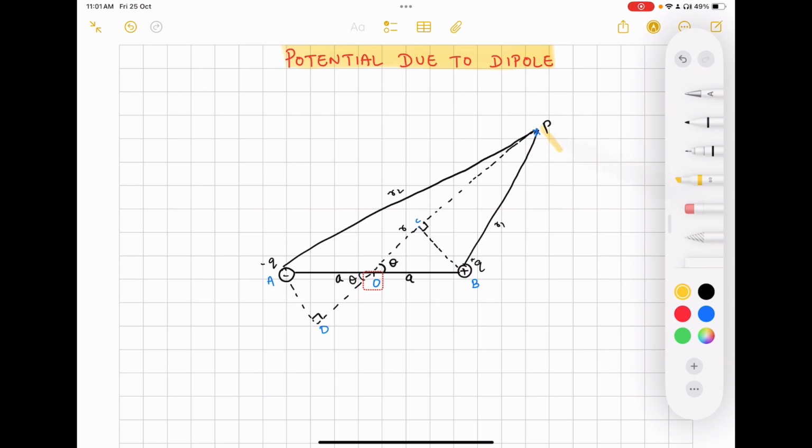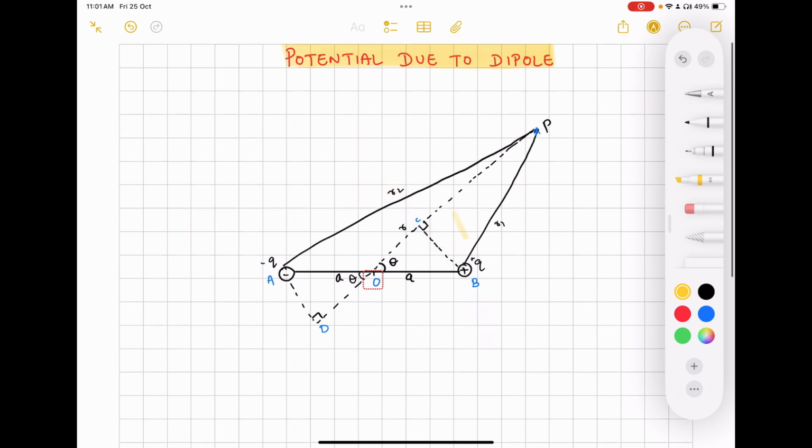We need to find the potential at a point P due to this dipole, and the point P is at a distance r from the center, at a distance r1 from the positive charge and r2 from the negative charge.